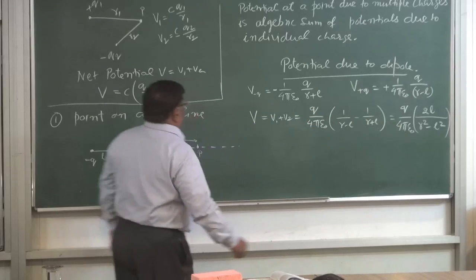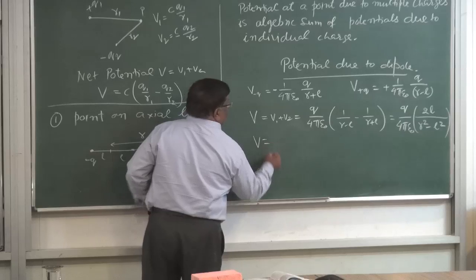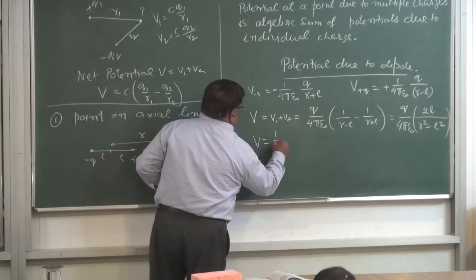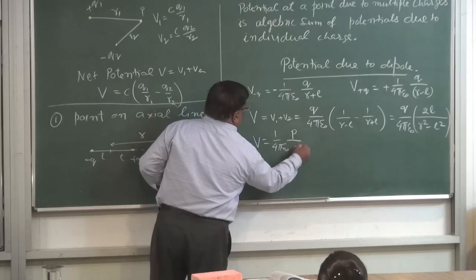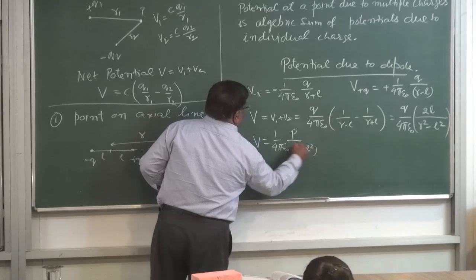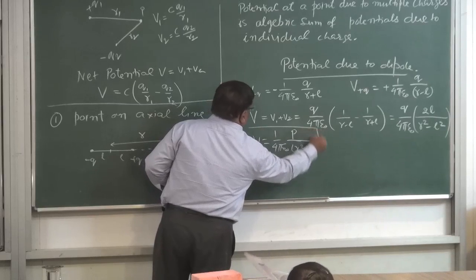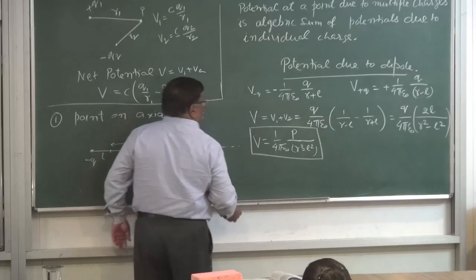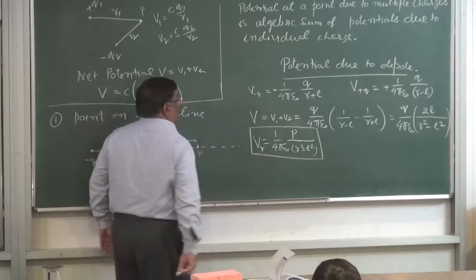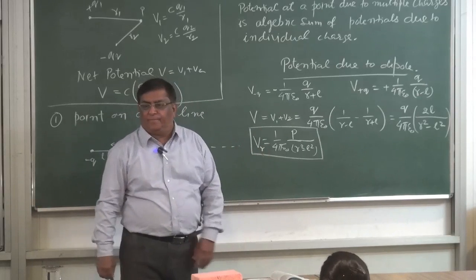P. So we can write it as 1 upon 4 pi epsilon naught P upon R square minus L square. This is our formula for potential at distance R from a dipole.